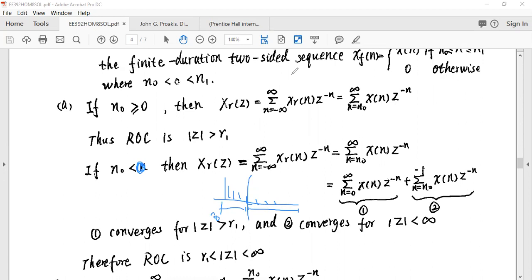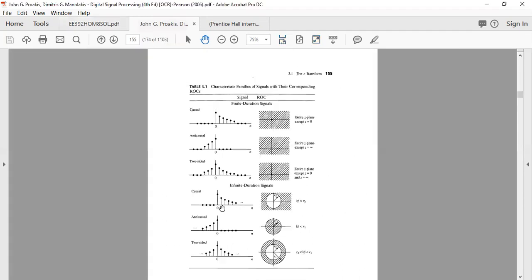Based on this, similar to the earlier case, if n is greater than or equal to 0, it will give me a similar sequence, isn't it?